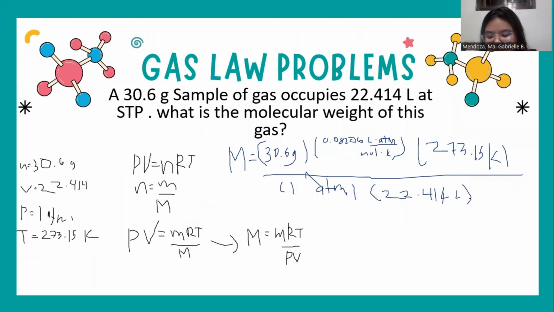So, dito, pwede na nating i-simplify. So, 30.6 times 0.08206 times 273.15. So, yung nasa taas, that would be 685.889. So, 685.889 divided by 22.414.